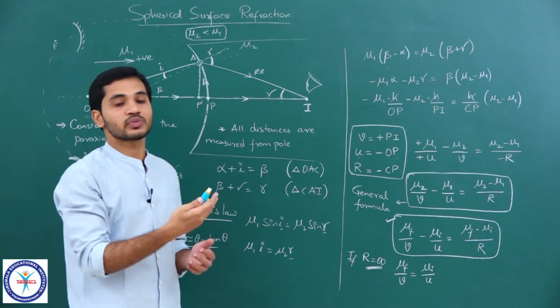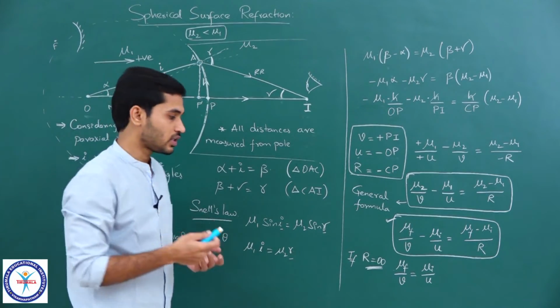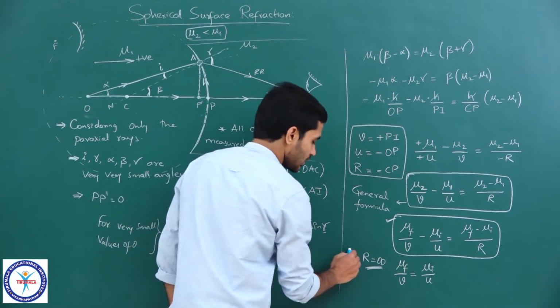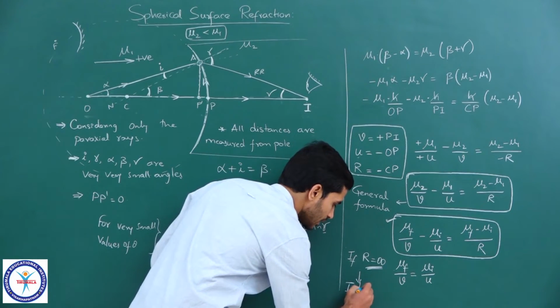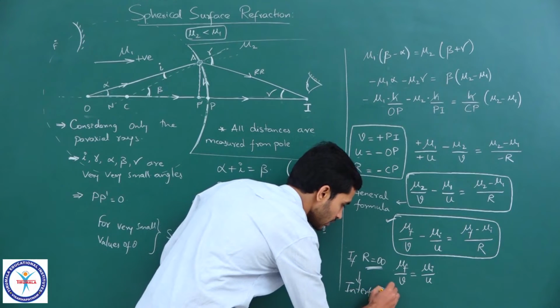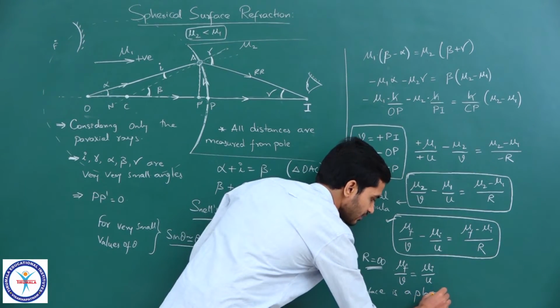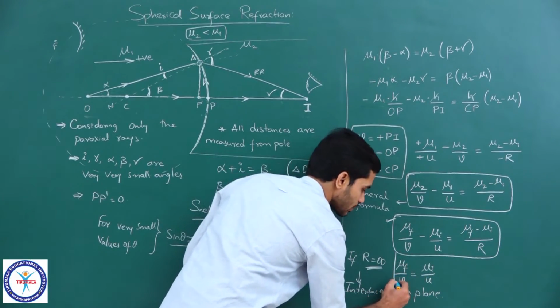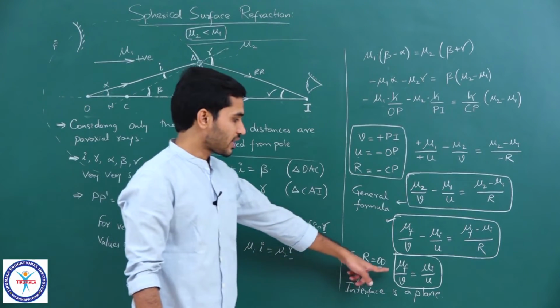Plane is the surface which has a radius of curvature of infinity. So, what this means is that the interface is a plane, and that is the reason why we got this particular expression. Clear, students? So, we can understand that.